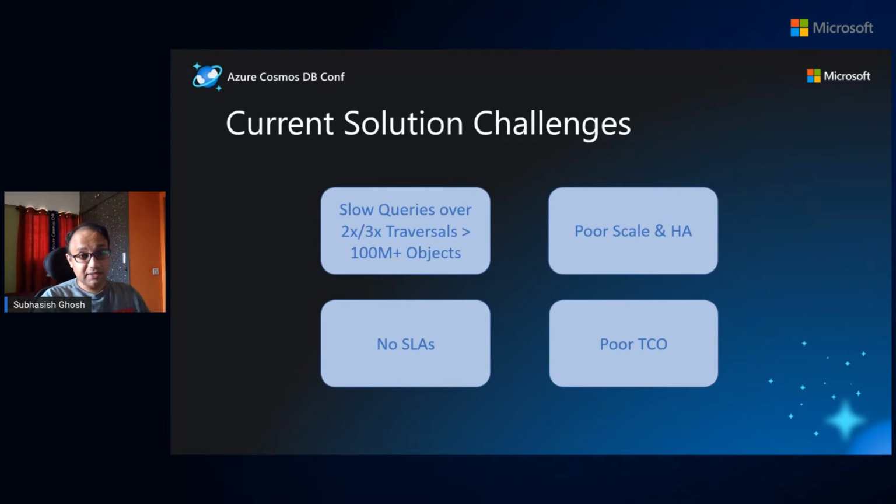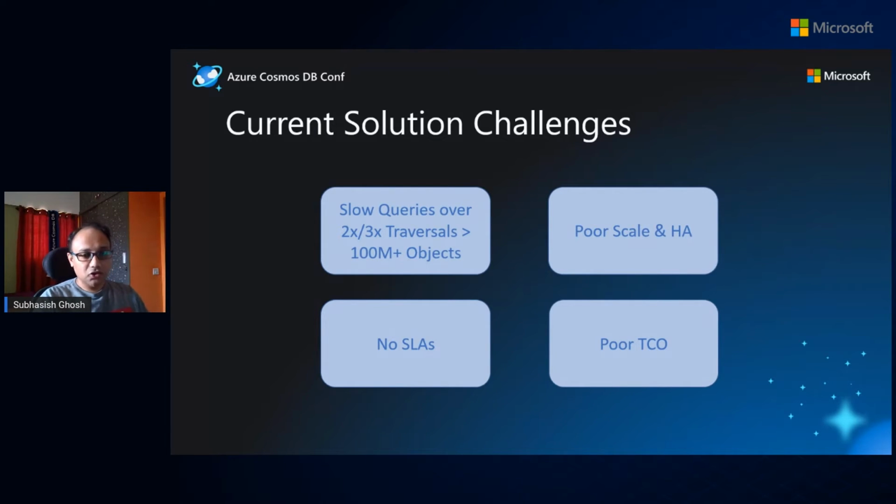So for example, for this customer, when we did not 1x but 2x, 3x traversals and more, not on 20 million or 40 million objects but exceeding 100 million plus objects, and by object I mean across an edge we are traversing, given, let's say, a 1 KB or 2 KB limit on our edge, we found that neither the performance nor the latency was good, and it also incurred cost in doing complex querying using standard relational join queries.